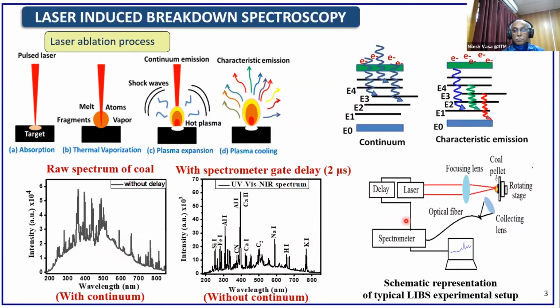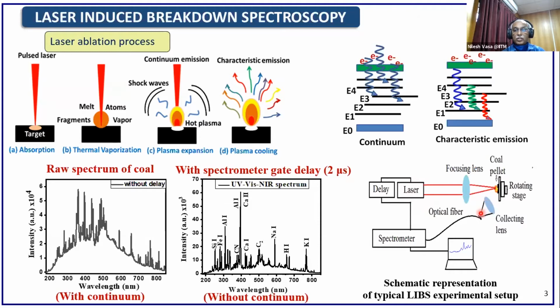Okay, so as a simple experimental setup, it involves a laser, which may be a nanosecond pulse laser such as neodymium YAG, or even an excimer laser, or short wavelength third harmonic or fourth harmonic generation of the neodymium YAG laser, etc. we can use.